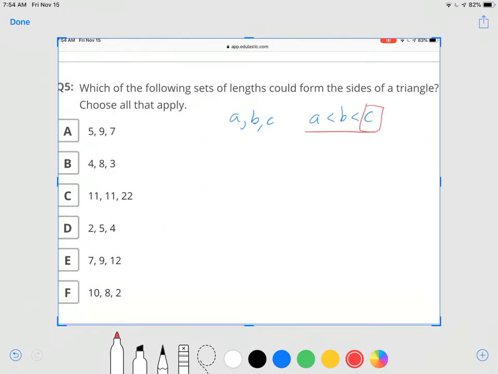So the triangle inequality said if you have three sides, A, B, C, and C being the biggest, then what needs to be true is that the sum of the two smaller ones, so A plus B, has to be bigger than C. That was the triangle inequality.